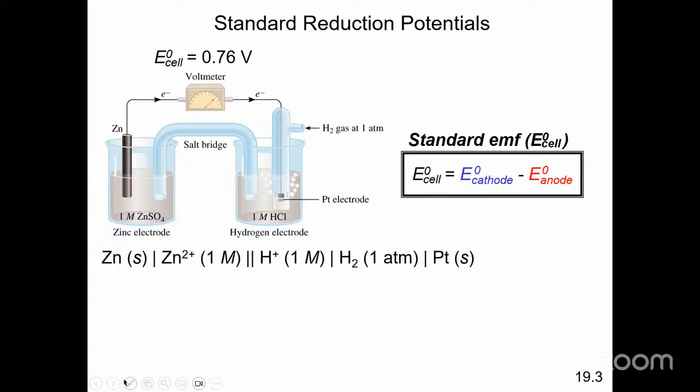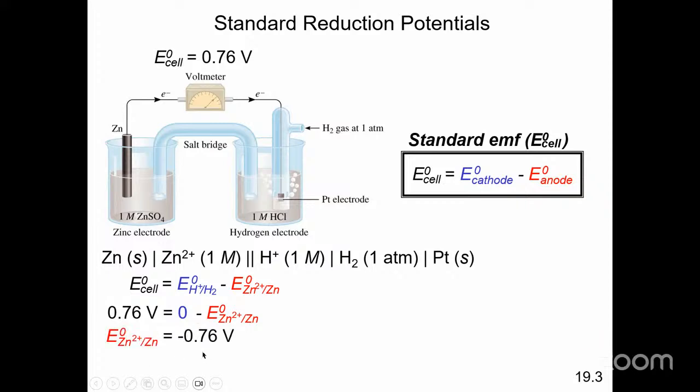And when we do that, this is what we get, right? 0.76, which is the difference, is equal to the EMF of the cathode, which is the hydrogen electrode, minus the EMF of the anode. And then we solve for the EMF of the anode, which is what we want, which is a zinc electrode, and that turns out to be equal to minus 0.76 volts.